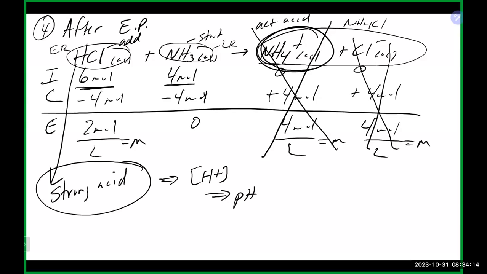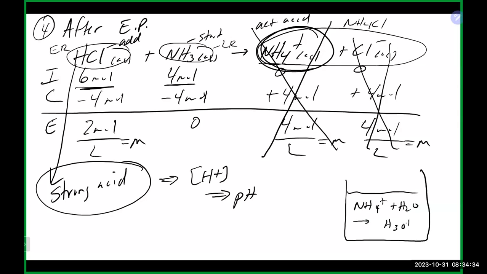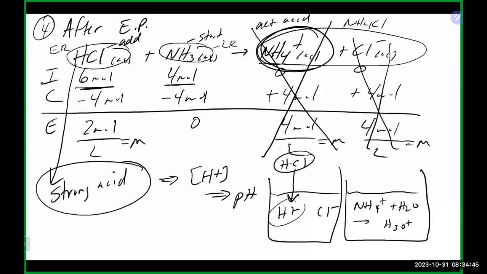We discount NH4 plus because it is contributing to the solution in terms of H plus, but it's not contributing anywhere near what HCl would be doing. So for example, if we look at what's happening with NH4 plus, it's got to go find some water, it's got to do its reaction to generate that H3O plus. When we look at what you're doing at this point, you're dropping the HCl, and all it needs to do is just go for a swim, and it will break apart into H plus.